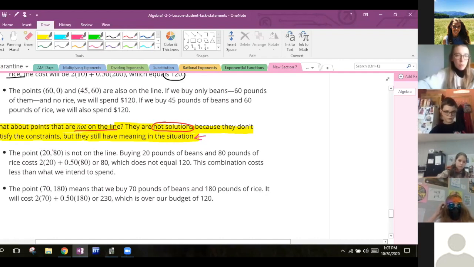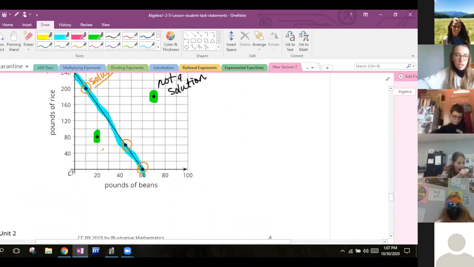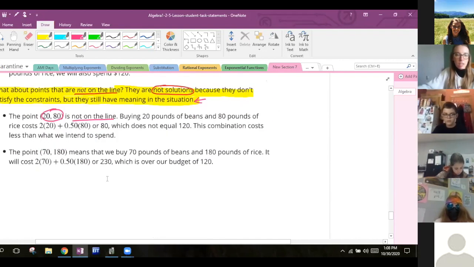So if we looked at point (20, 80), it's not on the line. So if I go back up to the graph, they're talking about this point right here. The first thing I notice about this point is that it's below the line. Do y'all see that this point right here is below the line? Okay. So if we go back down, it says that that coordinate still means that we're buying 20 pounds of beans and 80 pounds of rice.